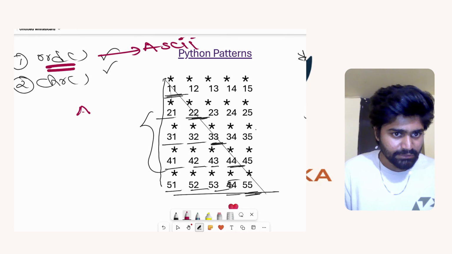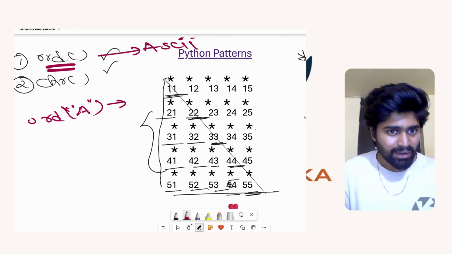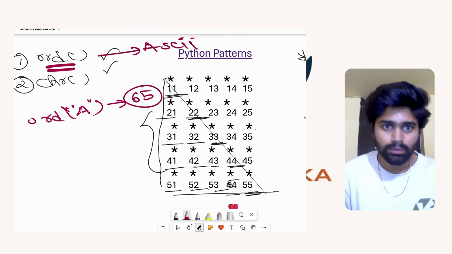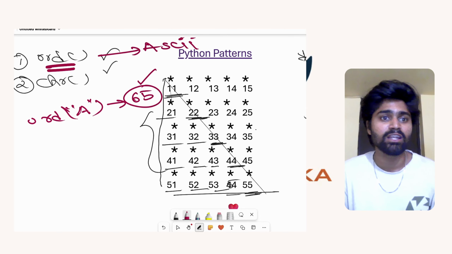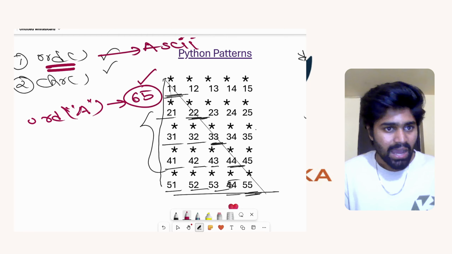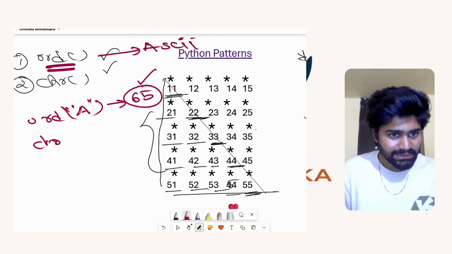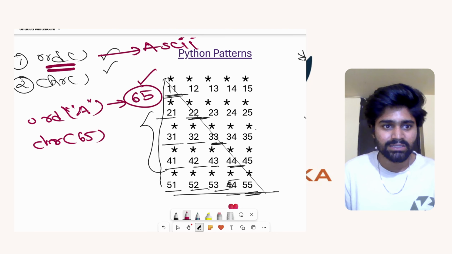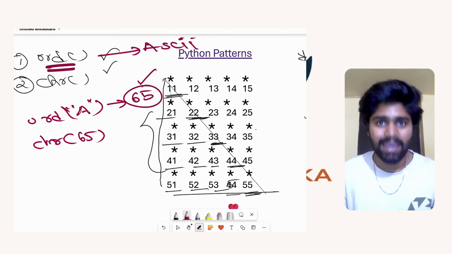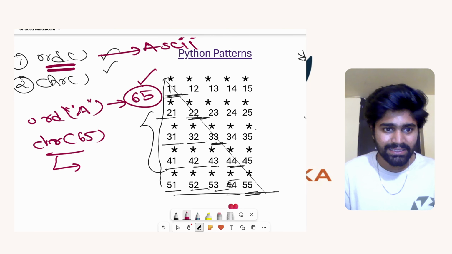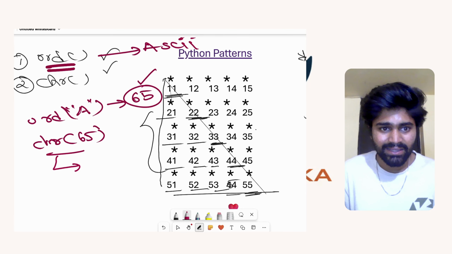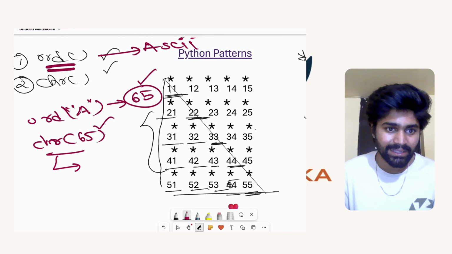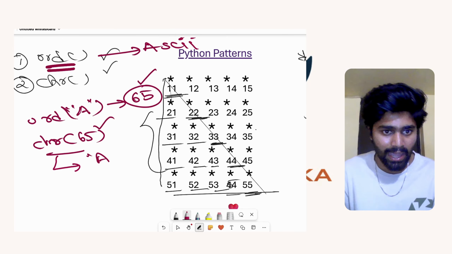For example, if I give capital A to the ord function, it will return 65 as the output, because 65 is the ASCII value of A. And whenever I give 65 to the chr function, the chr function, which is the character function, will return the character. By taking the ASCII value as the input, it will return the character as the output, that is, a capital A.